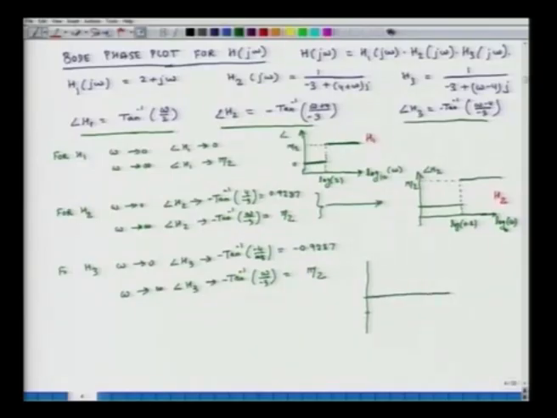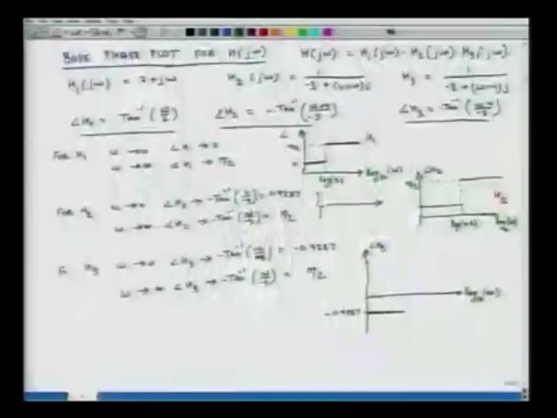So, my low frequency asymptote is again a horizontal line with a y intercept of minus 0.9287. Once again I am plotting phase here, and here I am plotting log base 10 of omega.